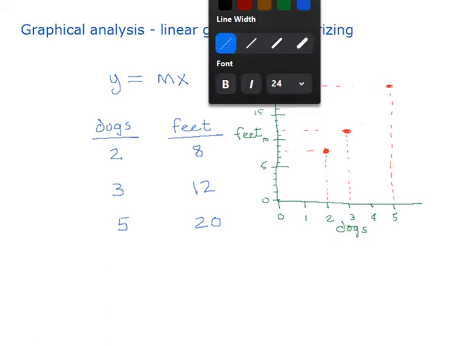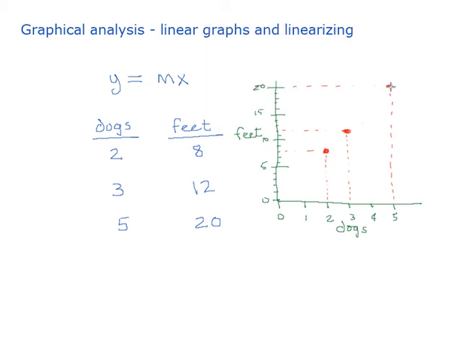And we say that a relationship is linear if you can draw a straight line that pretty much hits all those points. So it looks like there is a linear relationship between the number of dogs and the number of feet, and that means we can write a formula that says the number of feet is some number m times the number of dogs. Amazing scientific breakthrough.